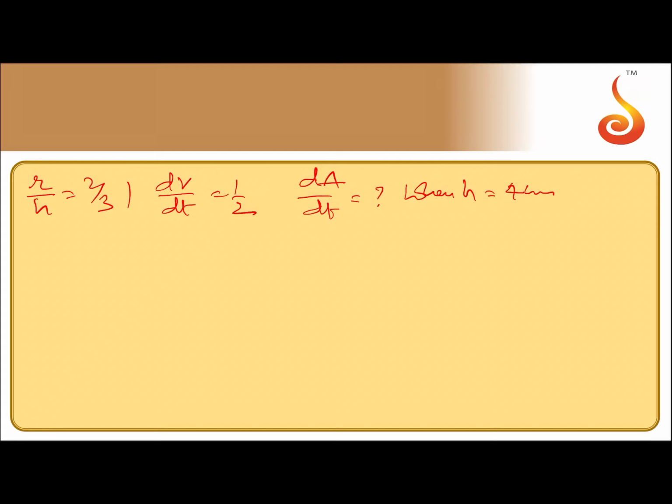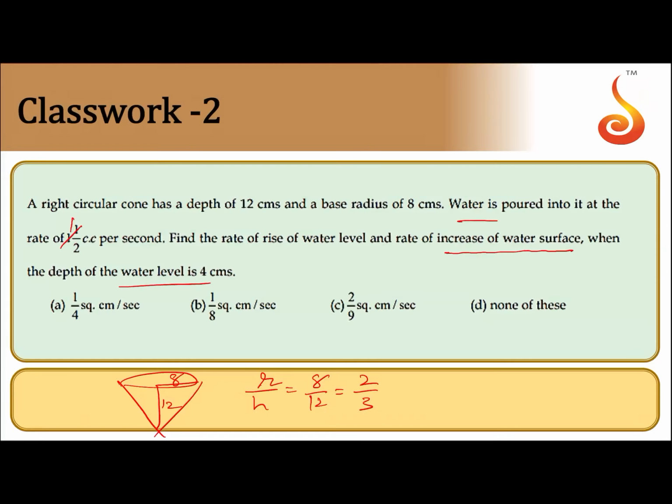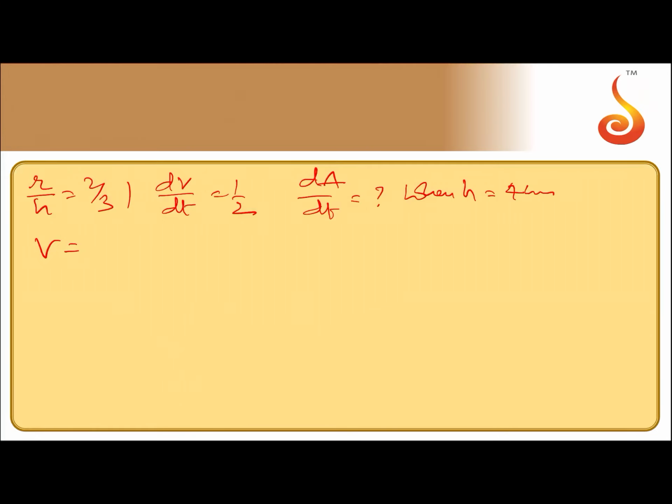Let me calculate. You know the volume of the conical vessel. So volume is equal to 1/3 pi r square H. Let me convert everything in terms of r. That can be written as pi by 3 r square multiplied by H, which is 3r by 2, and therefore we'll be getting pi by 2 r cube.